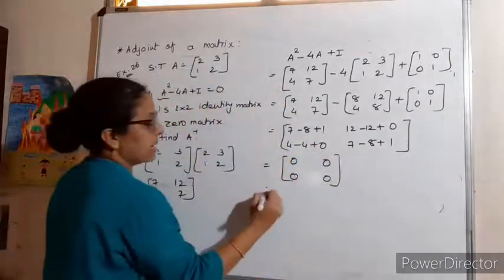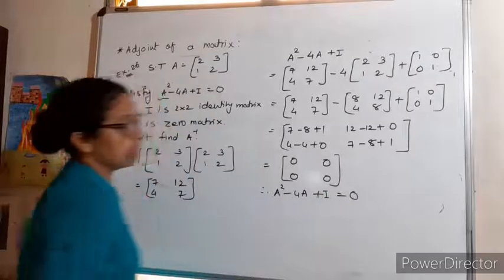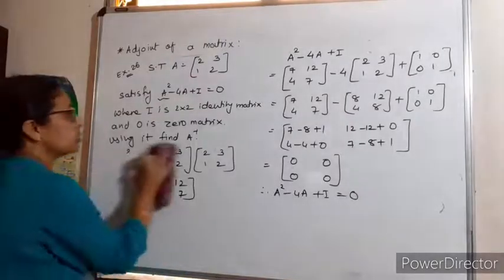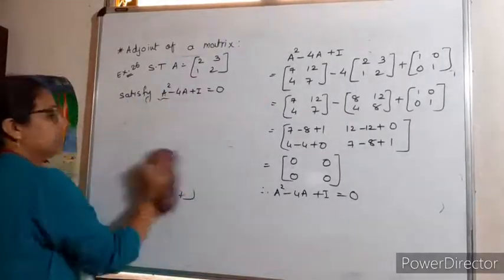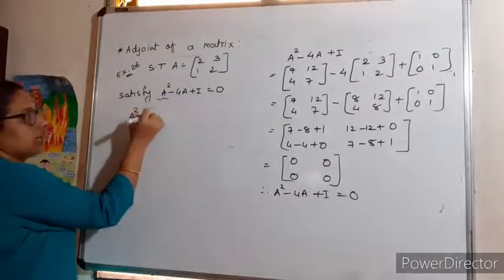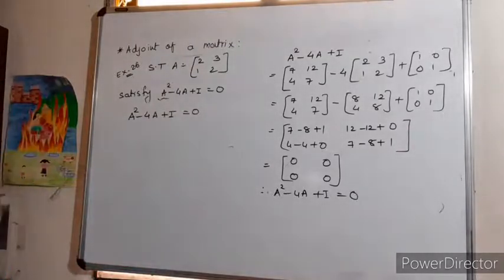So, you will get A square minus 4A plus I equal to the 0 matrix. You will get this? Yes. From this equation, you have to find the inverse. That is very much important. Use this to find the inverse. So A square minus 4A plus I equal to 0 is given, right?